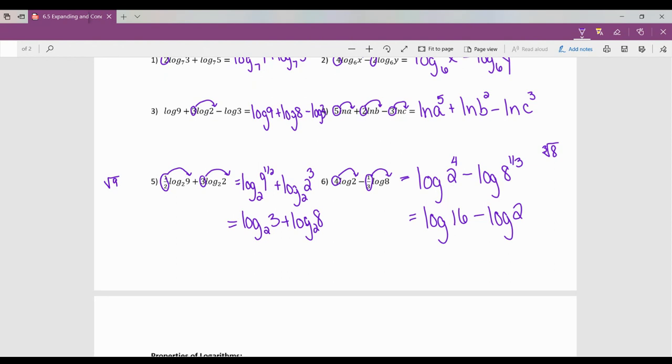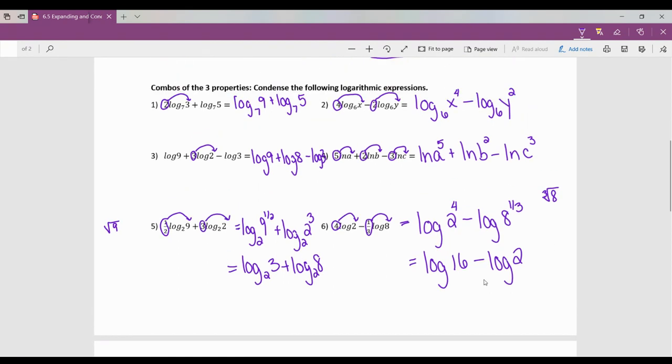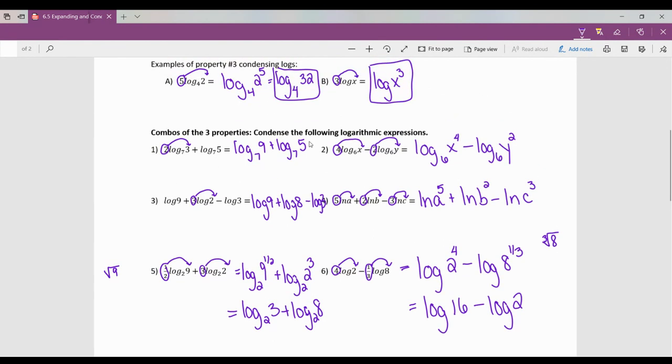Okay, so we're not done yet. That's just step 1. Okay, exponents go first. So I look ahead and I move any of those that need to be in the exponent first. And then I think, all right, well, what am I dealing with for the next step? So for the next step, for problem number 1, I've got plus.